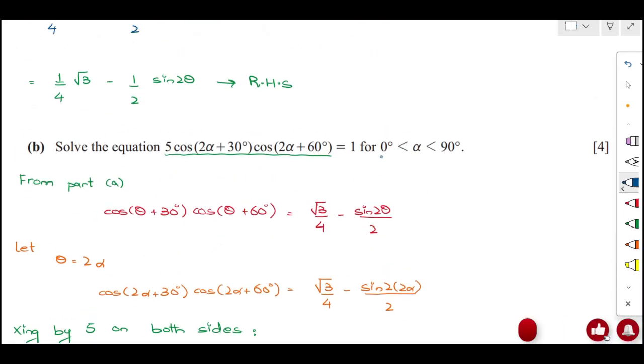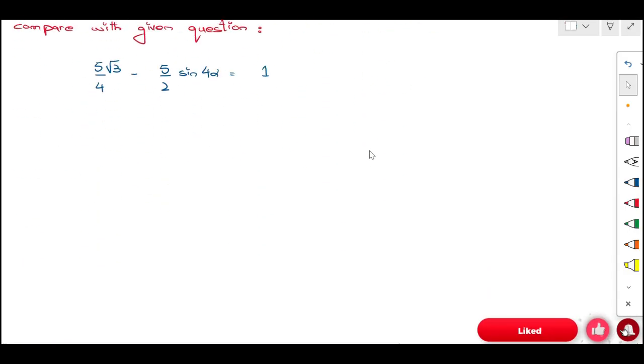Okay, and for alpha, the value is between 0 to 90 degrees, so alpha lies in the first quadrant only, 0 degree till 90 degree. Okay, so shift this term on the other side. We can say minus 5 by 2 sine 4 alpha is 1 minus 5 root 3 divided by 4.